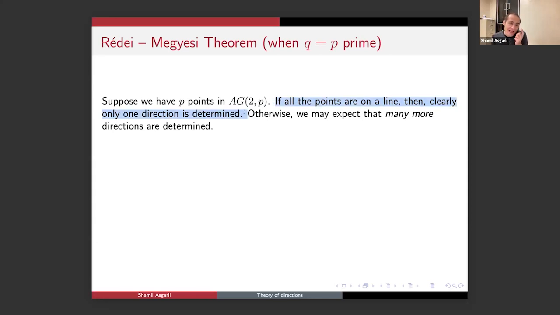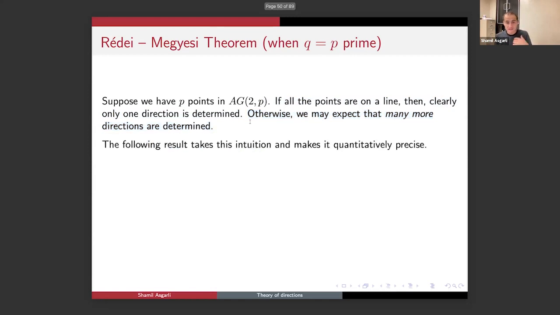But imagine that the points are not all on a line. In that case, we expect intuitively that many more directions are determined by the set of points. And the following result by Rédei and Megyesi takes this intuition and makes it quantitatively precise.